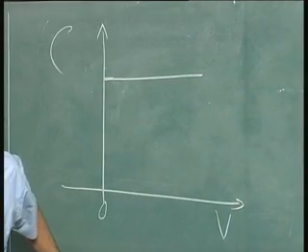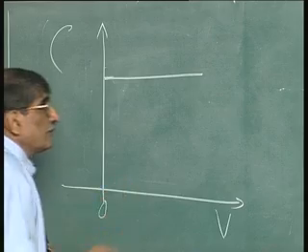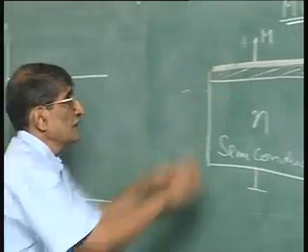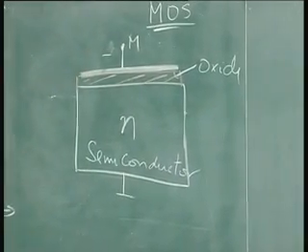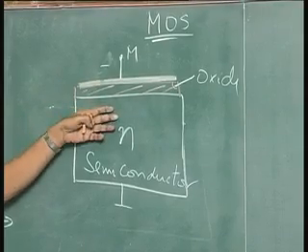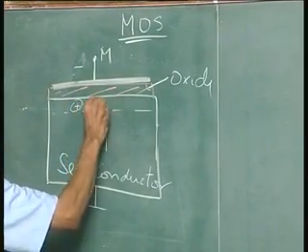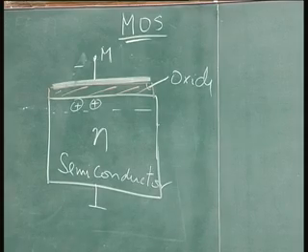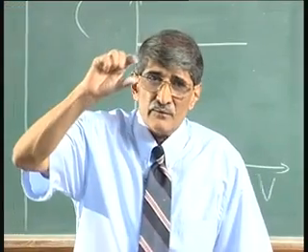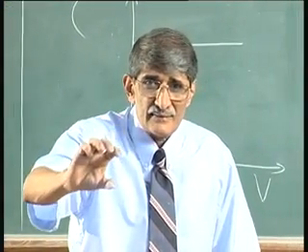I am just drawing that to explain. Now, when I apply negative voltage, it looks for plus charges. So, you get a depletion layer. The capacitance is the capacitance of the oxide in series with the capacitance of the depletion layer.